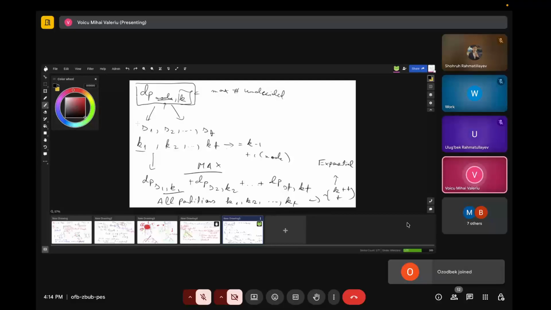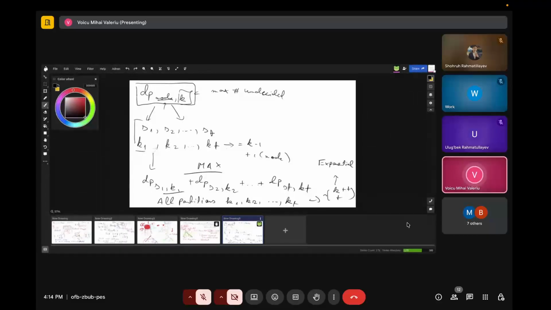But we agree that this would be a transition for the DP, no? Although it's exponential currently. Are there any questions? Okay.